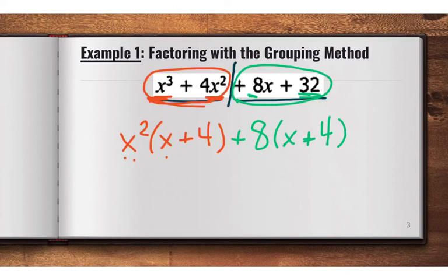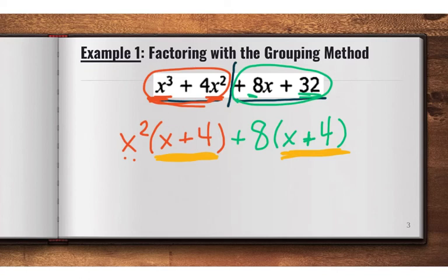I'm looking for the same identical terms inside the parentheses. So I see x plus 4 and x plus 4. That becomes my new common factor. So between the red set and the green set, x plus 4 in parentheses is common to both of them.